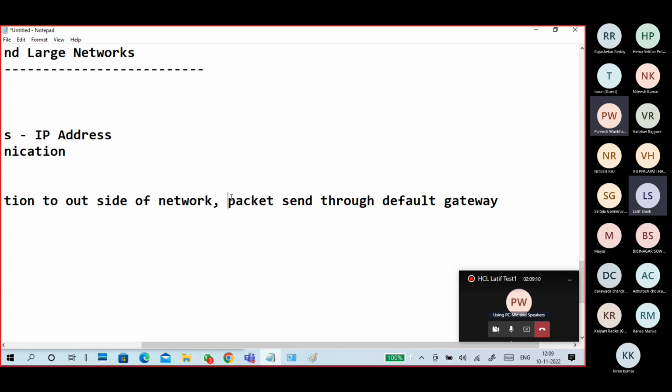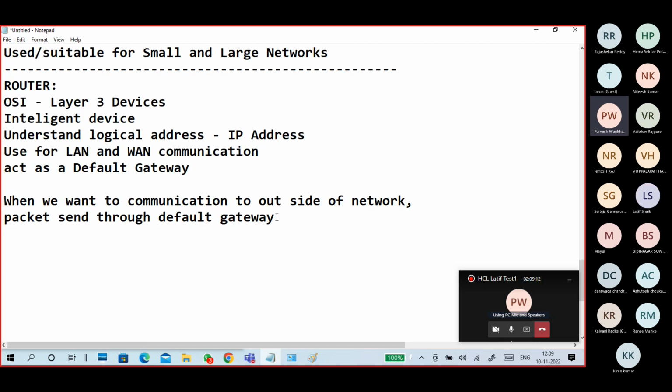Default gateway means the main one. Okay, that is the default one. By default, that is the gateway. Okay, gateway or default. The router acts like a gateway.